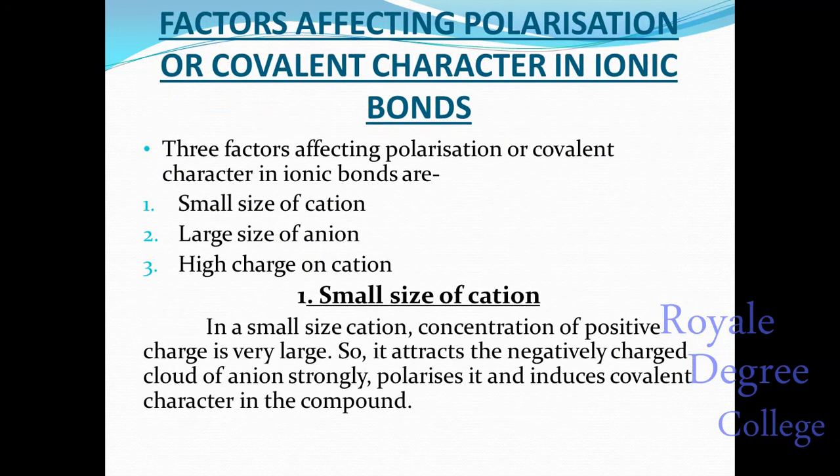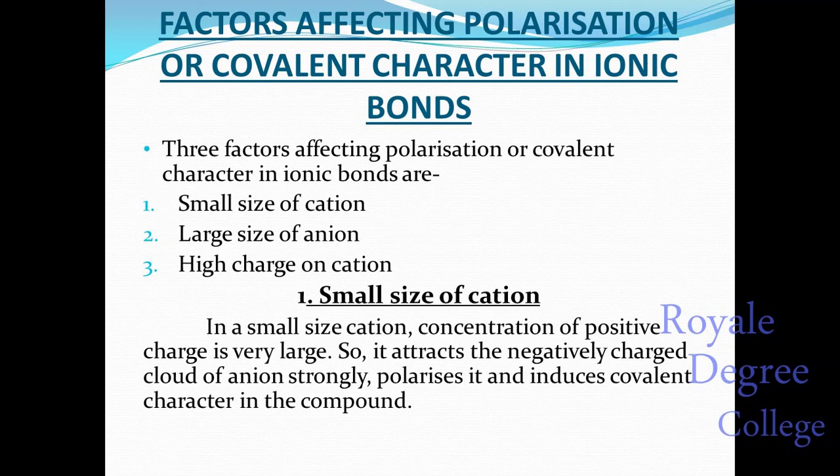Next is factors affecting polarization or covalent character in ionic bonds. Three factors affecting polarization or covalent character in ionic bonds are: first one is small size of cation, second factor is large size of anion, and the third one is high charge on cation.